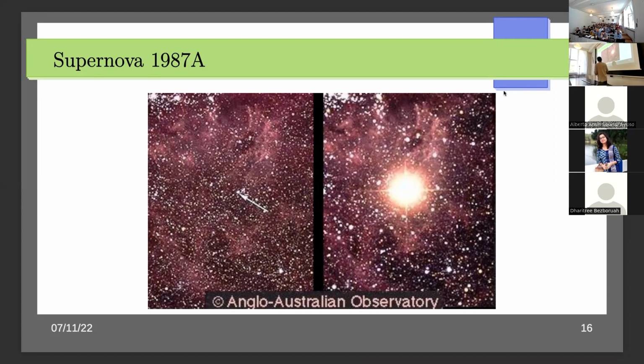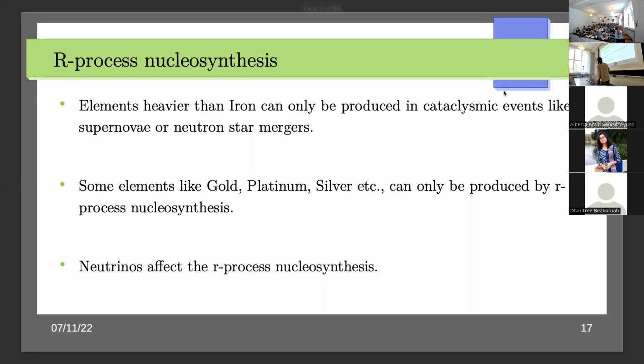So apart from the energy of the neutrinos helping us in understanding supernova dynamics, what else can we talk about? The next place where neutrinos are important is r-process nucleosynthesis. Let me explain what I mean by r-process nucleosynthesis. As I was mentioning before, iron is the most stable element in terms of binding energy per nucleon. So we cannot form elements heavier than iron in stars by nuclear fusion.